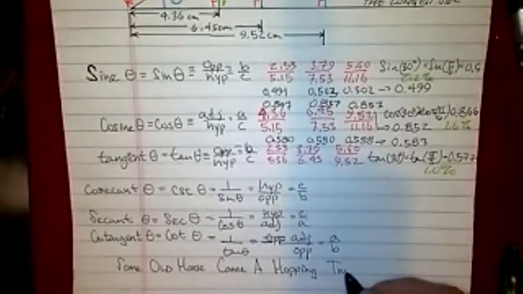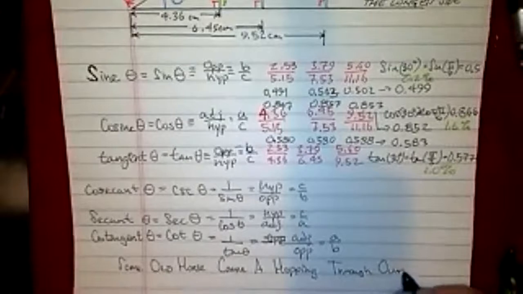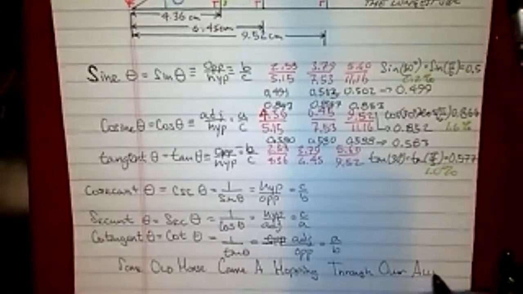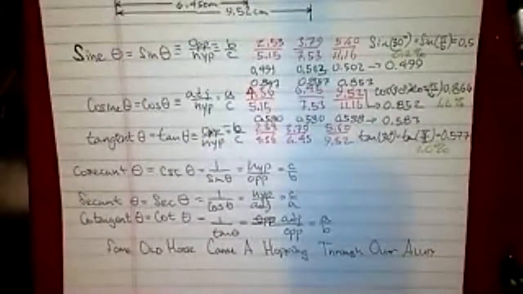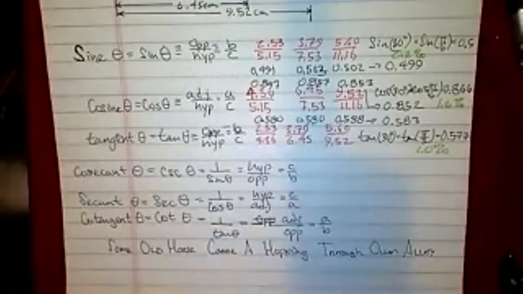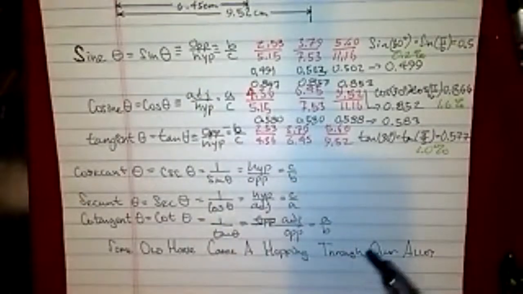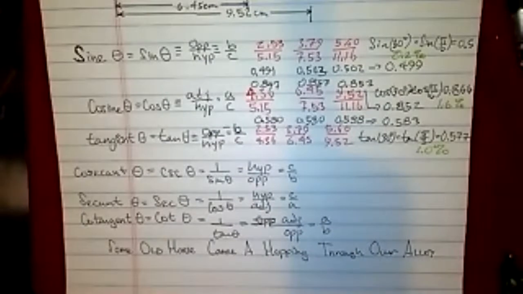The important thing is: some old horse, sine opposite over hypotenuse; came a hopping, cosine adjacent over hypotenuse; through our alley, tangent opposite over adjacent.